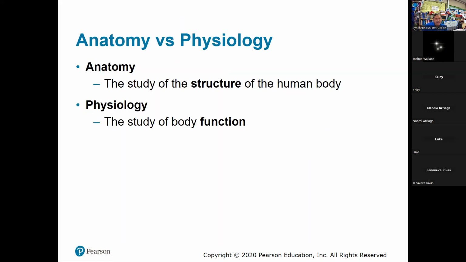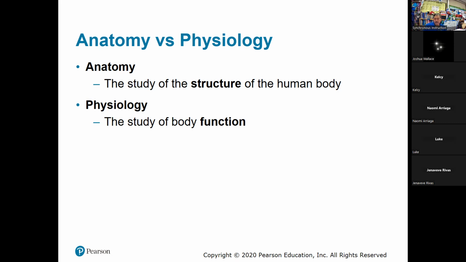Whether you're taking anatomy this semester or physiology or A&P, which is what anatomy and physiology is often called, what we do is we take a look at the structure of the different things in the human body, different organs, different tissues, and see how they work.